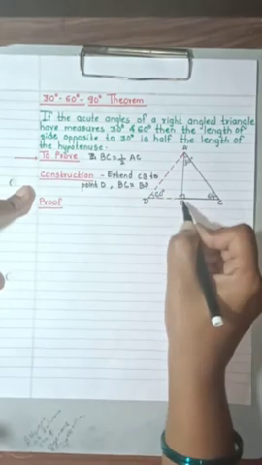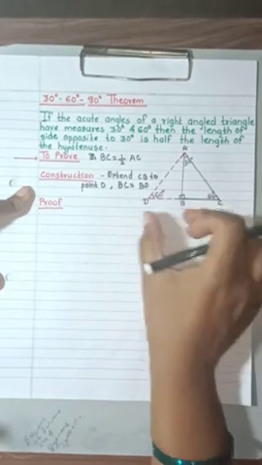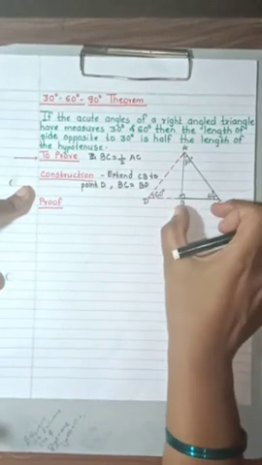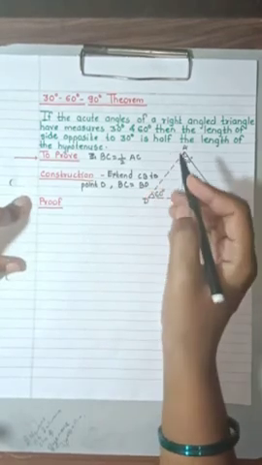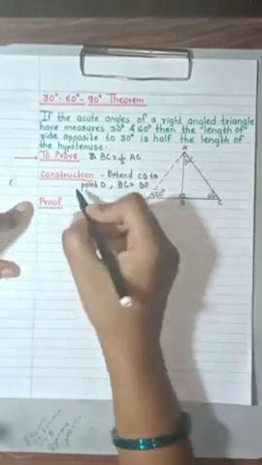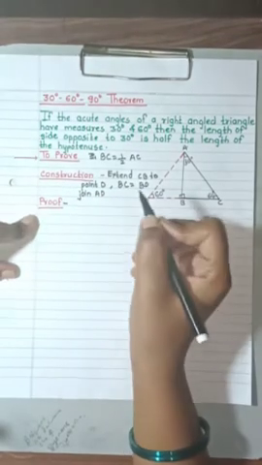That means B becomes the midpoint of seg CD. Now write down here: join AD.